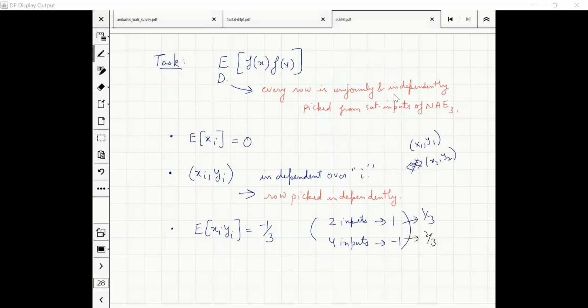Let's calculate the expectation: 1/3 into 1 plus 2/3 into -1. This will give me -1/3.